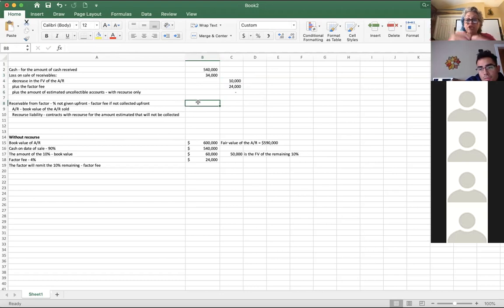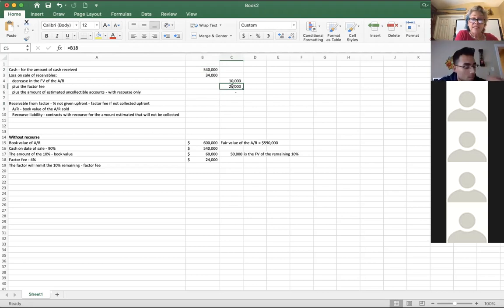Have I written a check for the factor fee to the buyer? No. The way the buyer is going to get their factor fee is they're either going to withhold it from the initial amount that they remitted, or from the amount that they retain.